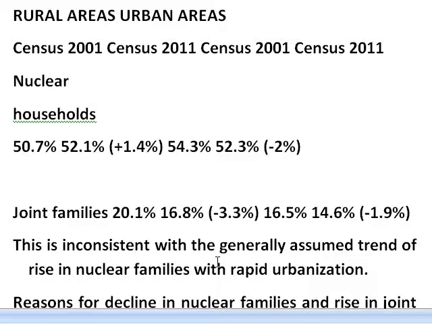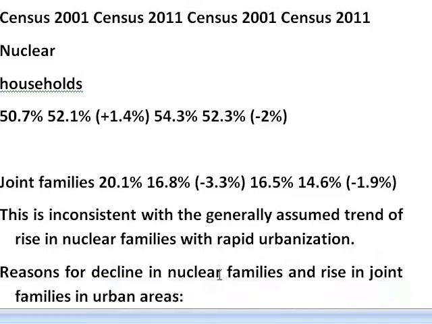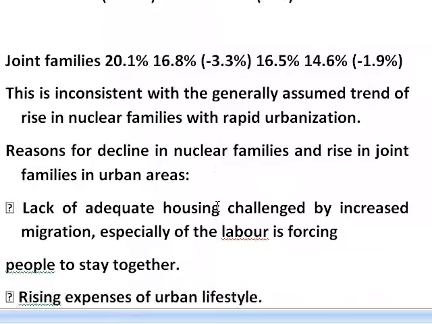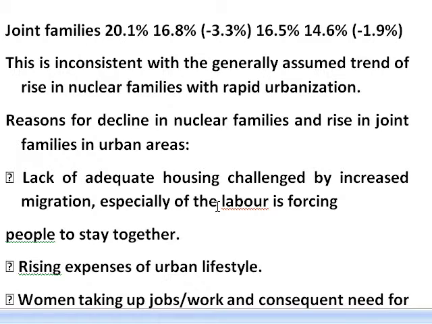Joint families were 20.1% in 2001 and 16.8% in 2011 in rural areas, and in urban areas, joint families were 16.4% in 2001 and 14.6% in 2011. This is inconsistent with the generally assumed trend of a rise in nuclear families with rapid urbanization.